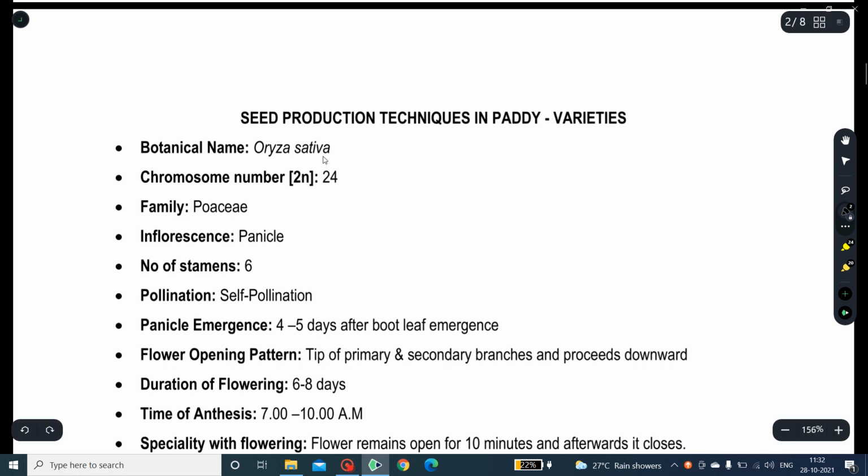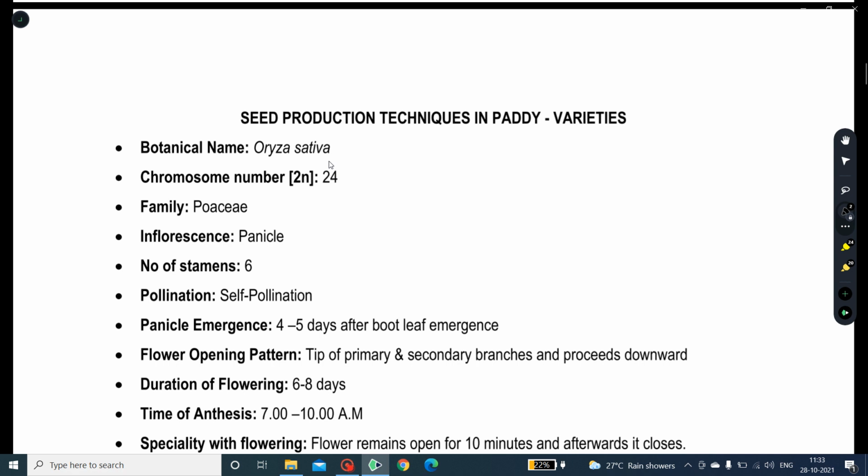Already we have known that the botanical name of rice, paddy, is Oryza sativa. We all know that rice forms the primary source of energy or food for nearly half of the world population. So it is a staple food for half of the world, and particularly 91% of rice is produced in Asia only.